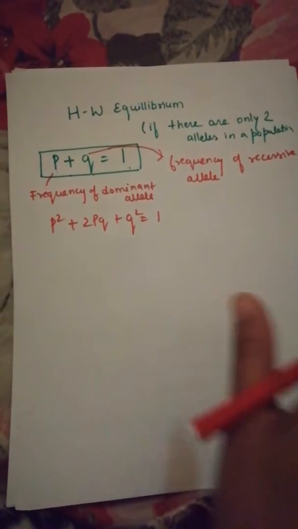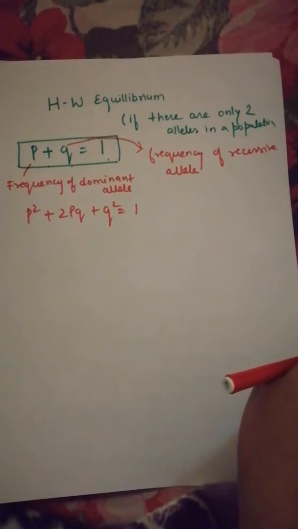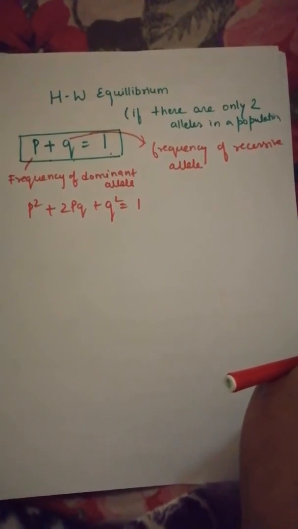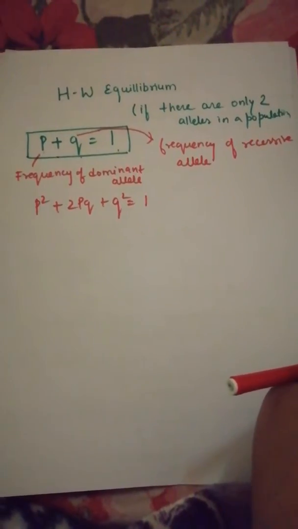So, the sum of the frequency of the dominant allele and the frequency of the recessive allele must be equal to 1 according to the Hardy-Weinberg equilibrium.